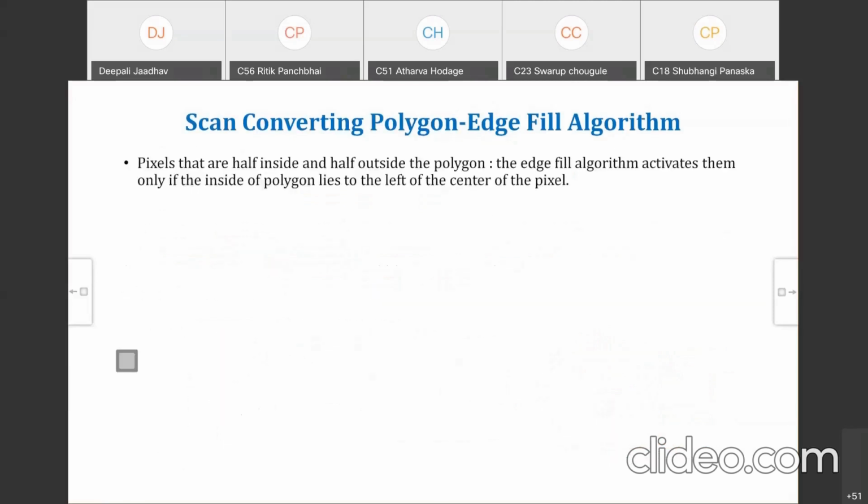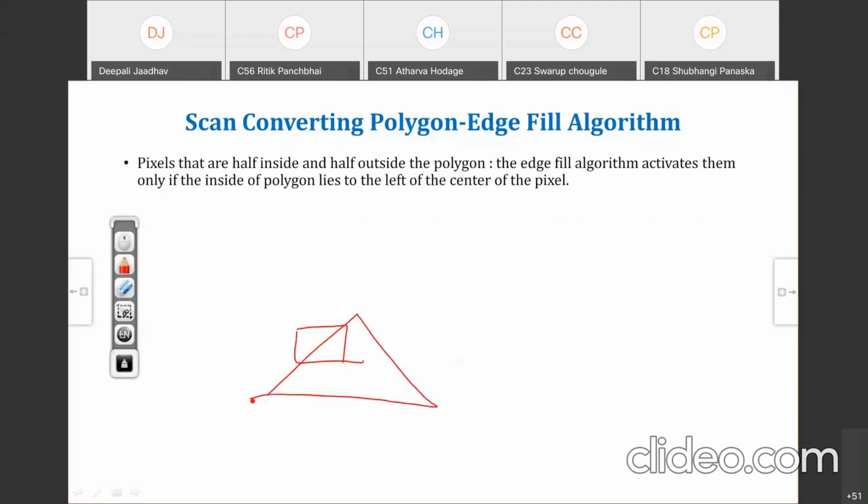Now, there are some pixels that are half inside and half outside the polygon. For example, this is a pixel which is half inside the polygon. Suppose this is our polygon. So this pixel is half inside and half outside the polygon. In that case, the edge fill algorithm activates it only if the inside of the polygon lies to the left of the center of the pixel.